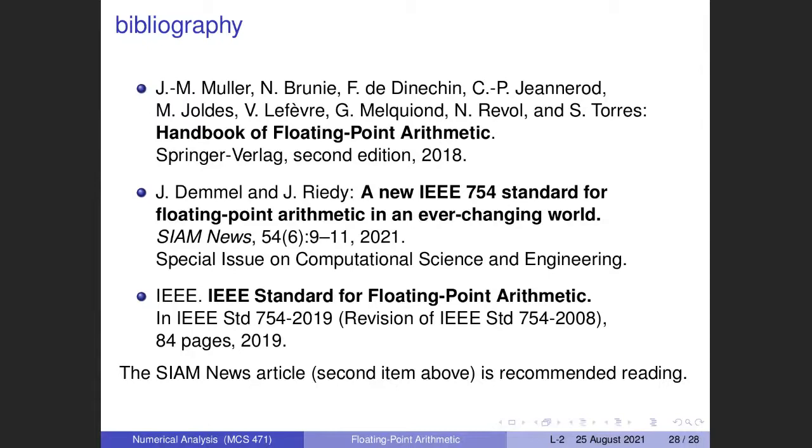The second reference is definitely recommended for reading. It has some nice pictures of what can go wrong if people do not understand floating point arithmetic. The first reference is the handbook, which is a quite good reference, and you can see the number of authors here, that this is a very strong topic. Many people are involved in this. The third reference doesn't even have authors. It's the product of an entire society.